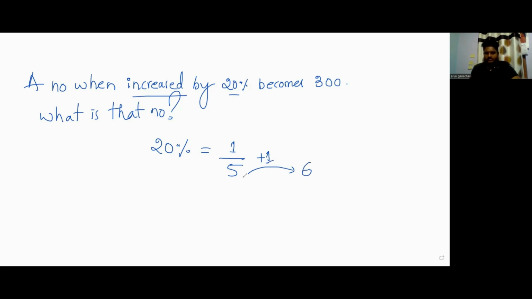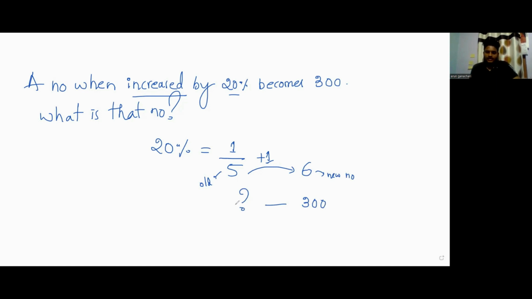So it will become what? 6. Getting this? 5 is becoming how much? 6. What is 5 here? 5 is the old number. What is 6 here? 6 is the new number. Yes or no? A number when increased by 20% is becoming how much? 300. So the new number is becoming 300. When the old number was 5, the new number was 6. When the new number was 300, what was the old number?